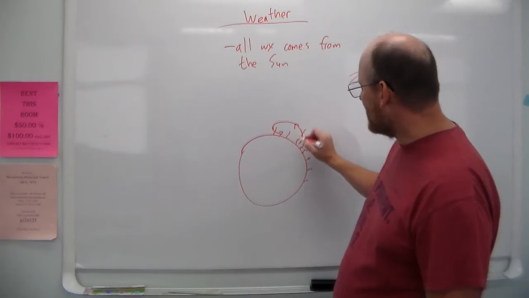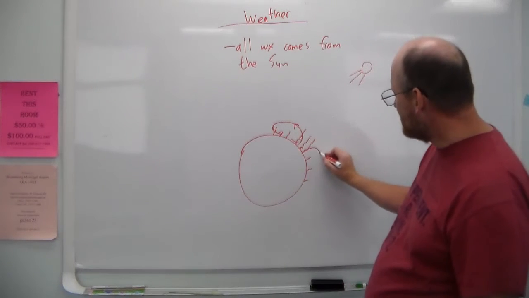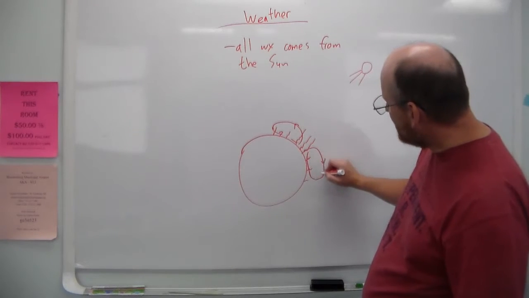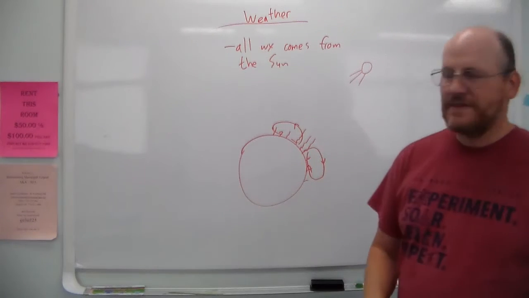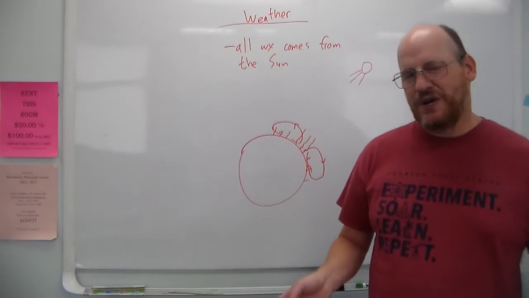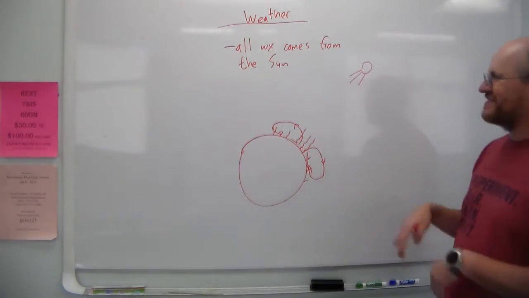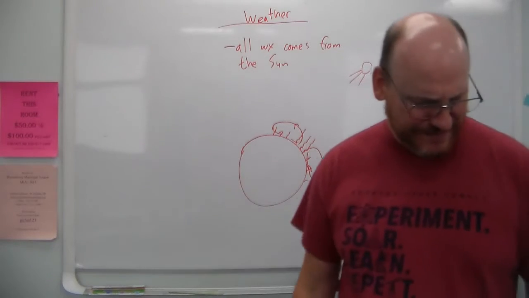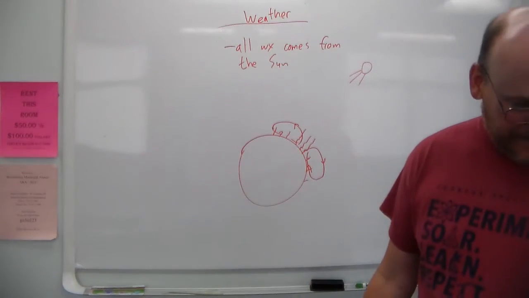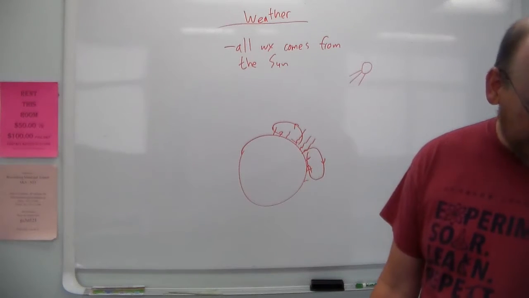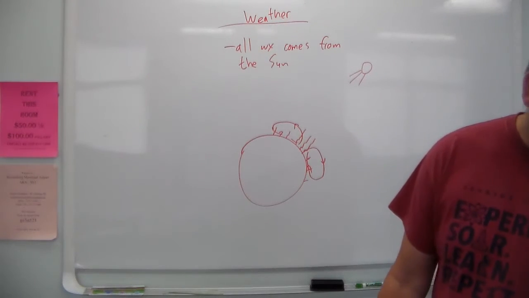So we've got this kind of motion, and something similar here, where it's going around a big circle. That's all well and good, but for our purposes, remember this: all weather comes from the sun heating the earth, and then there are other factors that come into play as well.